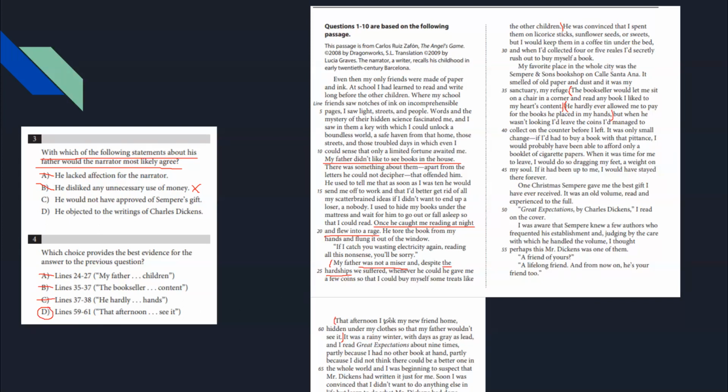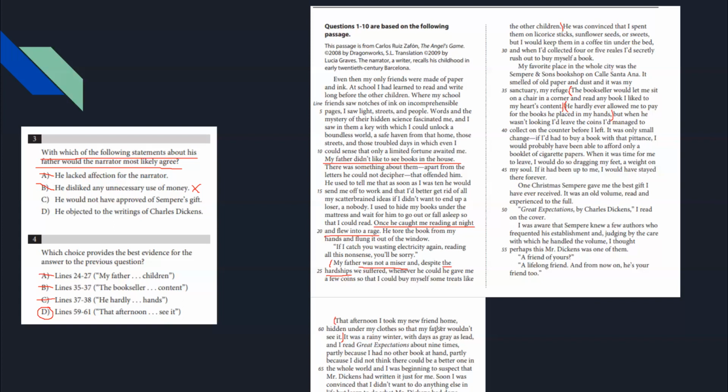So that afternoon, I took my new friend home, hidden under my clothes so that my father wouldn't see it. So what is that new friend? I would recommend reading from lines 47 to over here, just so you can gain the context. Basically, this talks about Sempre, who is the bookstore owner, I believe, giving the narrator a gift, which is a book by Charles Dickens. And so his father does not like it.